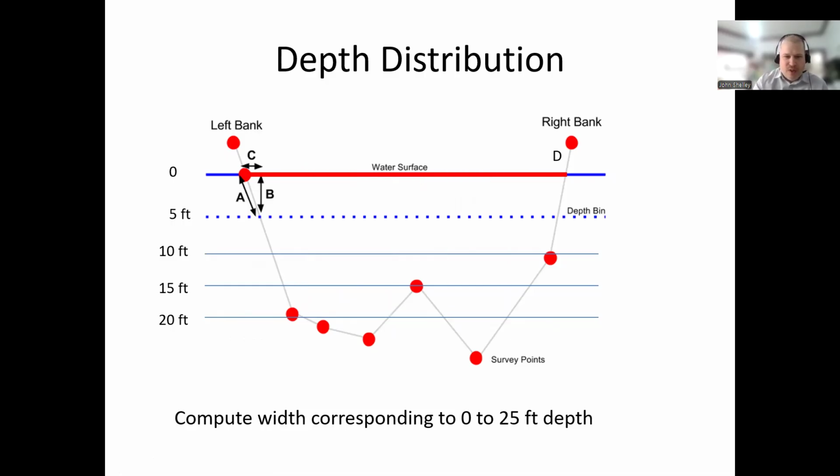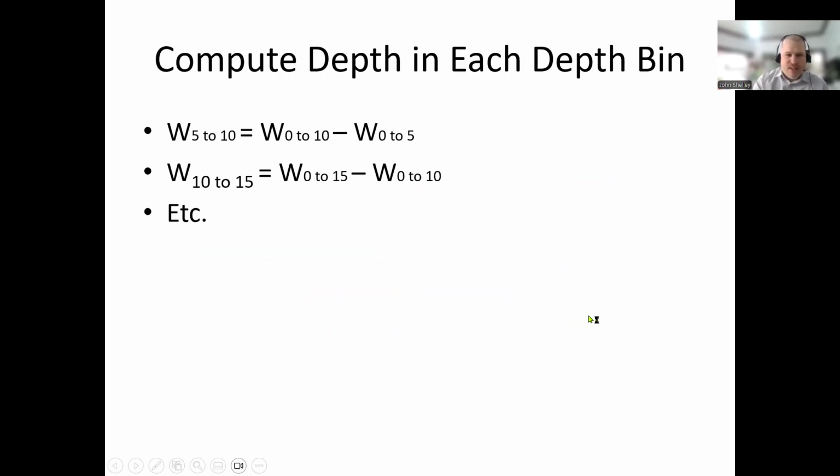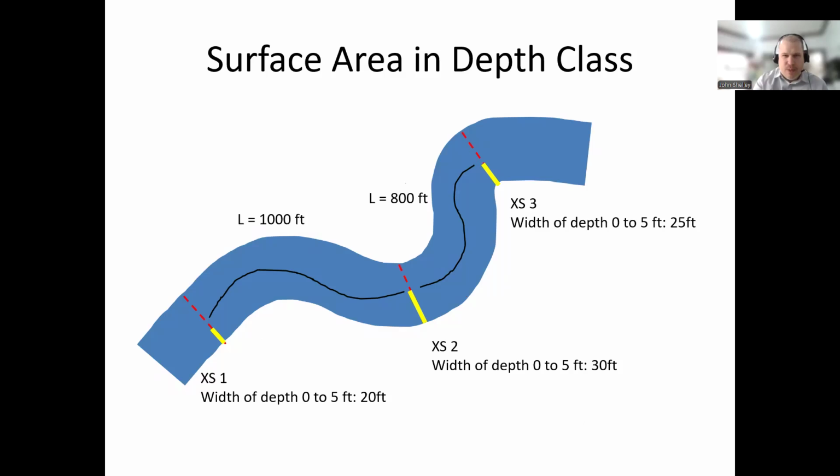And 0 to 25 feet in this case is the entire cross-section. And so then, as I said, if we want to get just the individual increments, we can subtract the other increments in order to get the depth distribution.